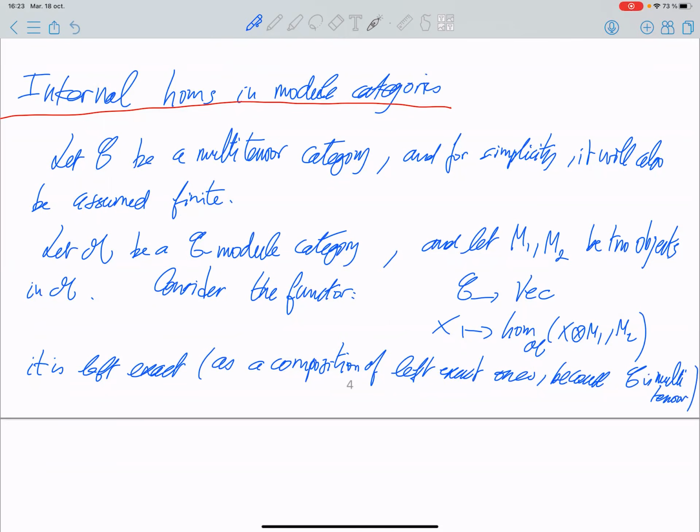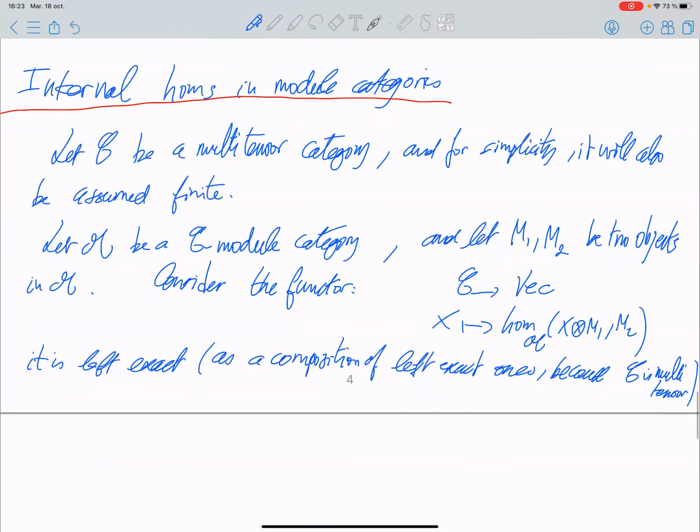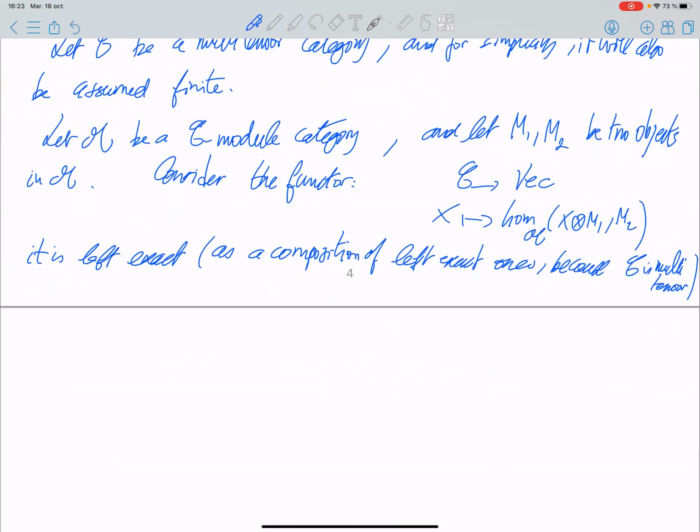Okay, and it is representable. I will explain the meaning of that.